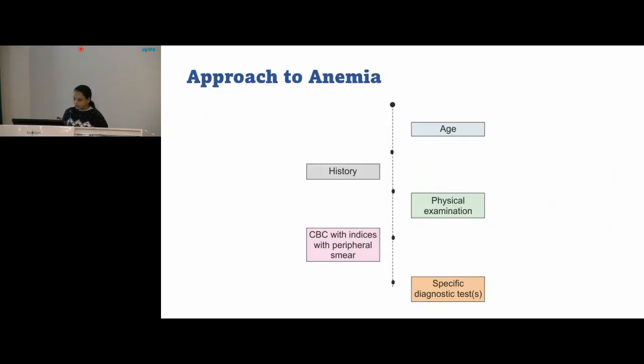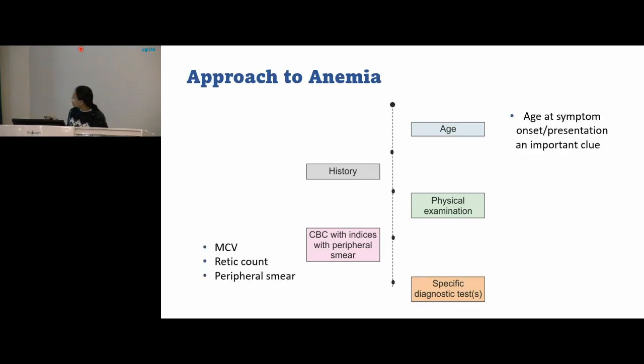So whenever we see a child with anemia, there are a few important steps in arriving at a differential diagnosis followed by a diagnosis. So first of all, age at presentation is going to give you an important clue as to what could be the cause for anemia. And then proper history taking is essential to arrive at a proper differential and then a final diagnosis.